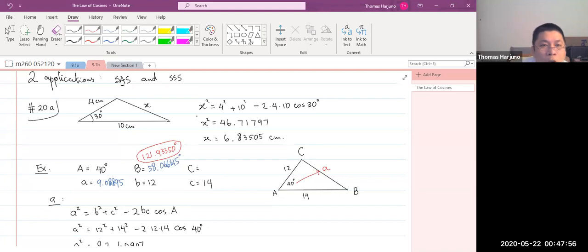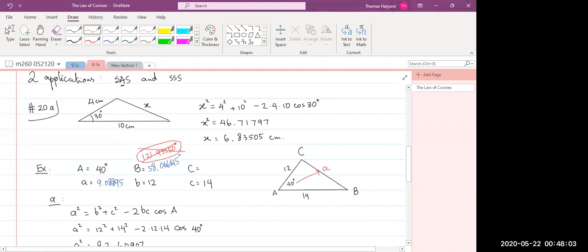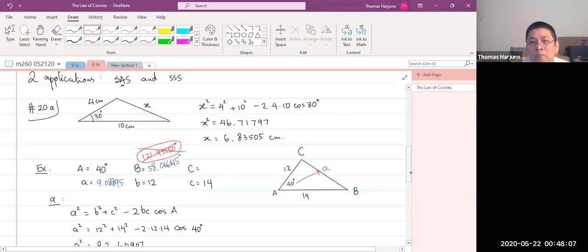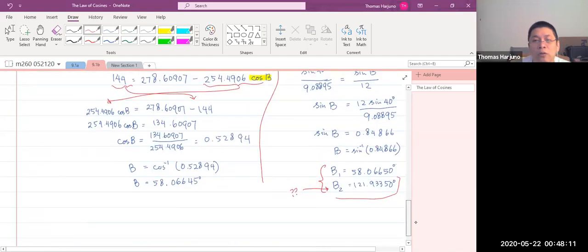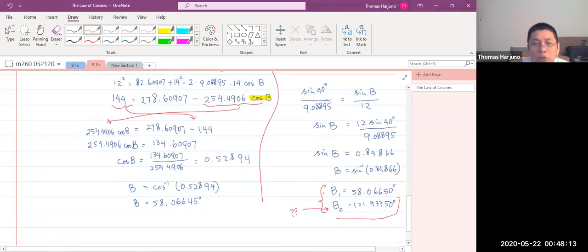Okay, so how do I know that this won't be the answer? The sides of the triangles. What sides of triangle? So let's say I use law of sine.